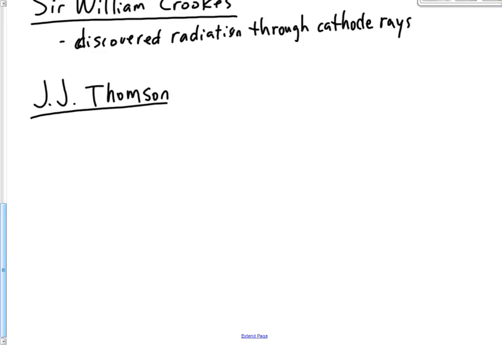Okay, J.J. Thomson discovered the electron. Right? And he used cathode ray tubes to discover the charge to mass ratio of an electron.